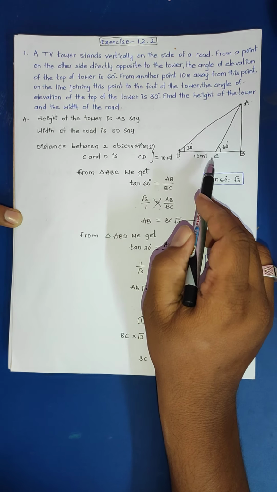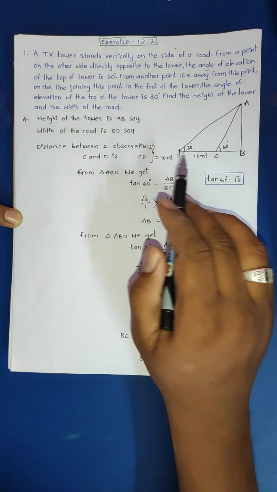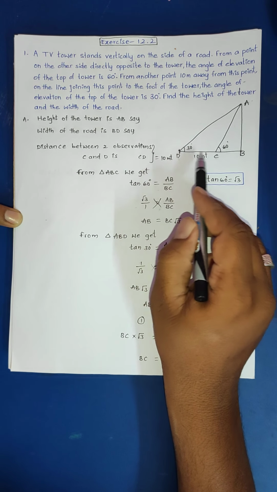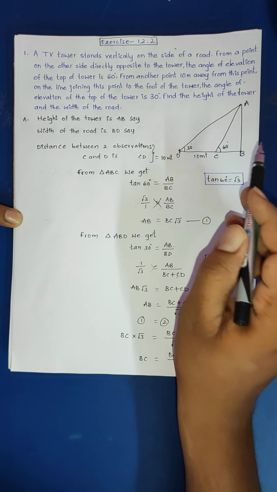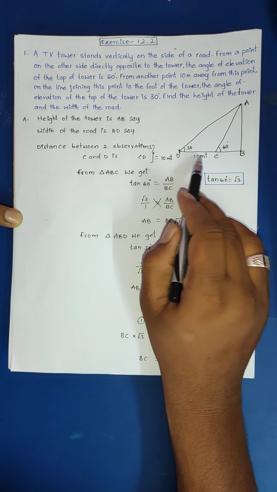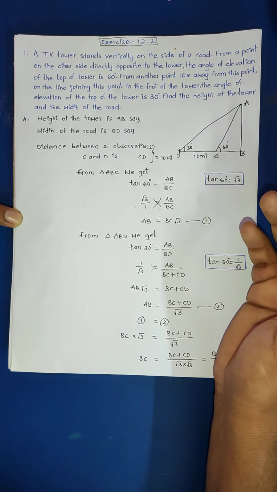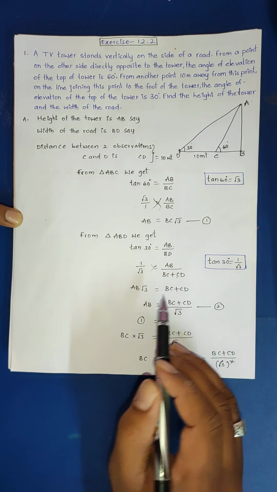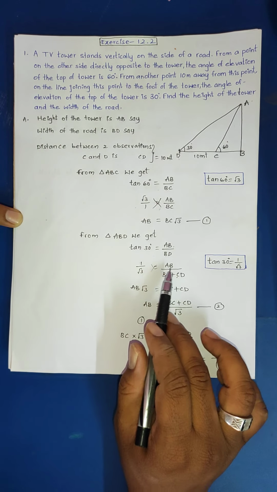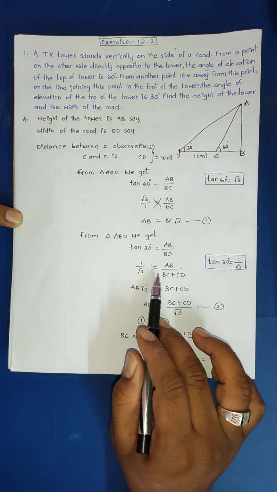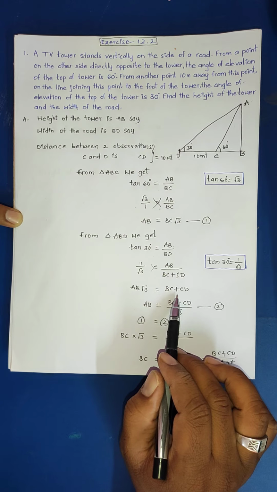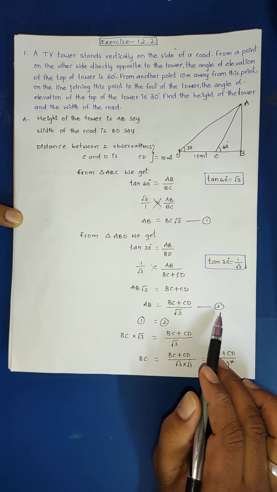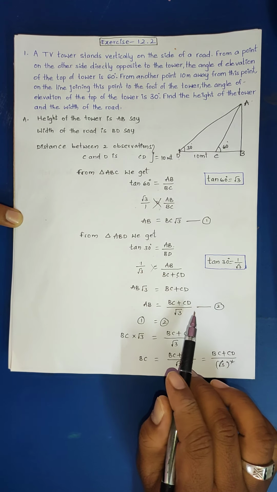BD or BC plus CD, or CD plus BC, all are the same. From B to D is equal to DC plus BC. So BC plus CD. 1 by root 3 is AB by BC plus CD. Cross multiplication: BC plus CD is equal to AB root 3. This is the second equation, or second condition.